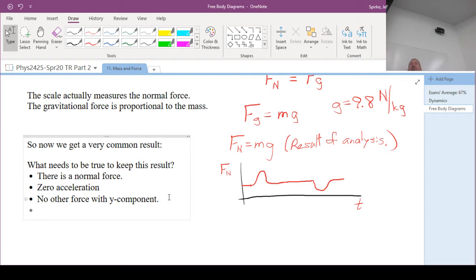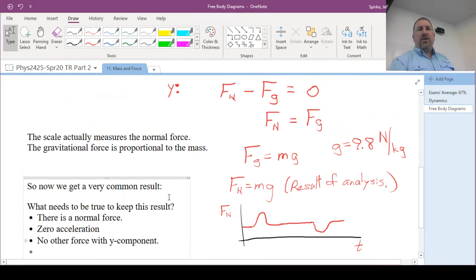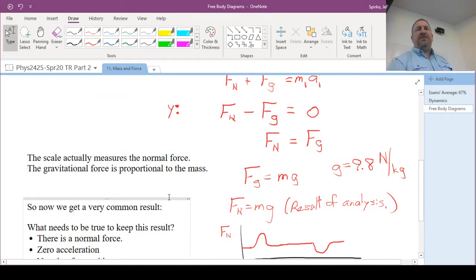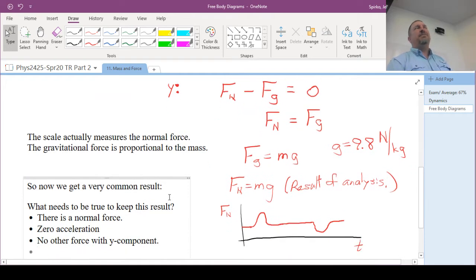There's one more assumption that's built into this analysis. Sure, but you could always adjust g to be a different value. When you take components of vectors, very frequently you end up with sines and cosines. I did not have any sines and cosines because my normal force is up.